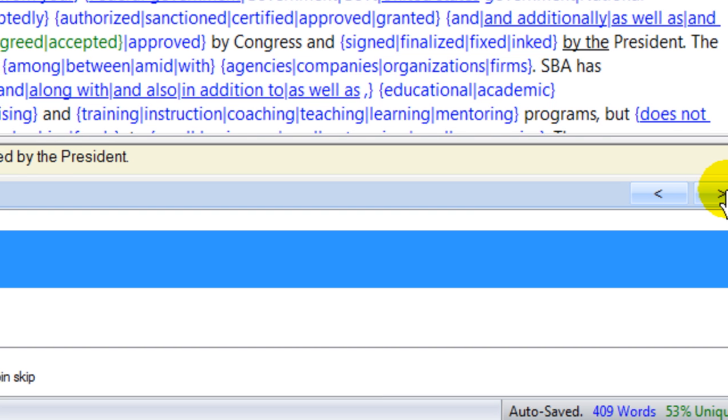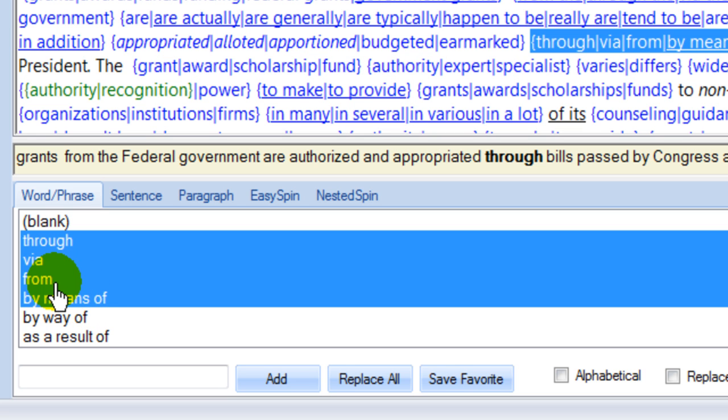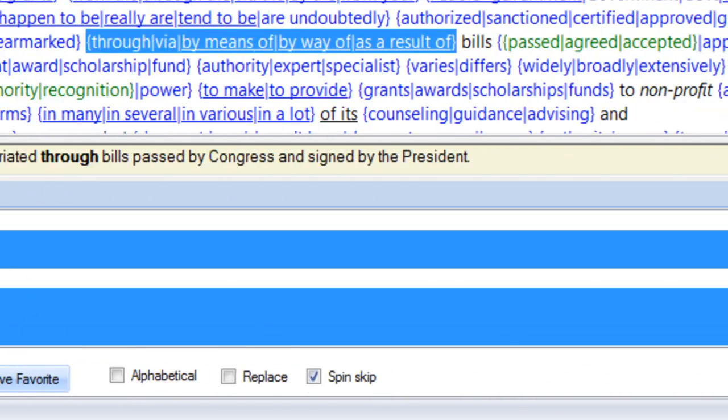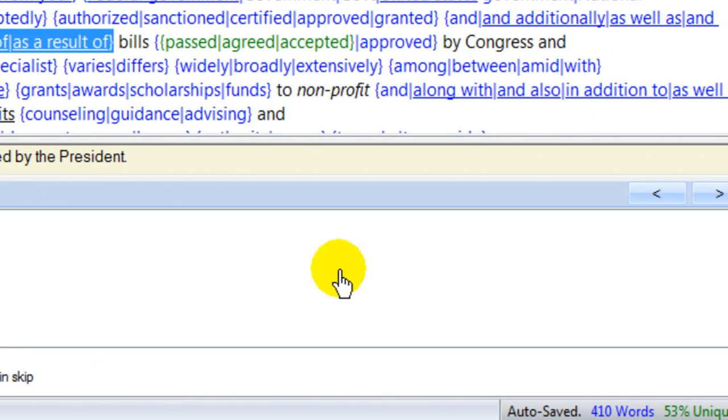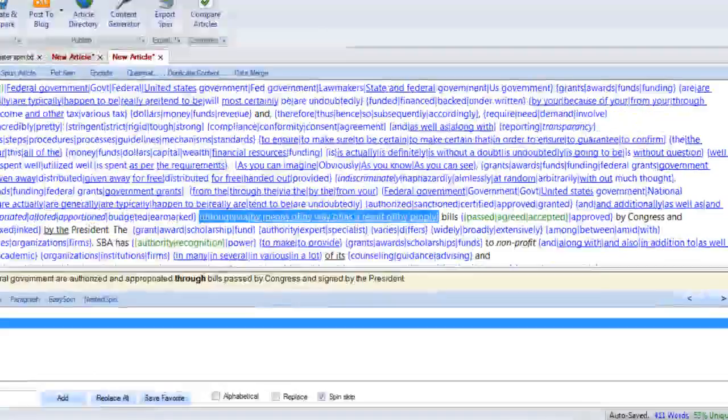Through, by means of, through appropriated, through, not from, by way of, as a result of, by simply, the aid of.